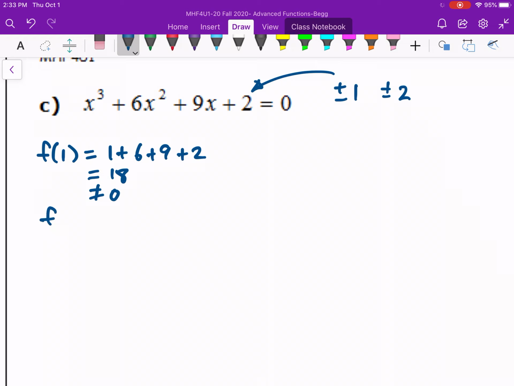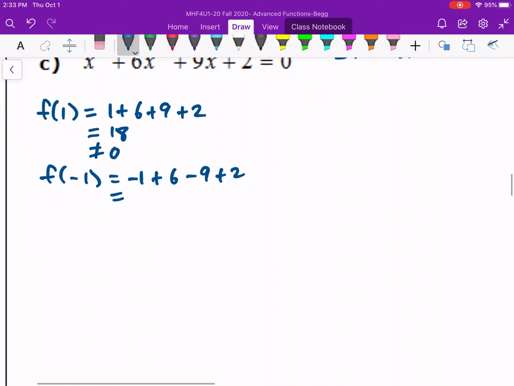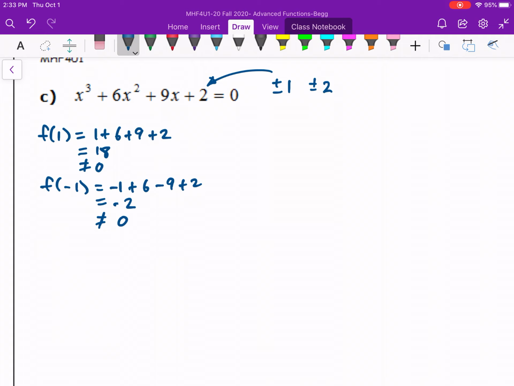If I try negative 1, then I get negative 1 plus 6 minus 9 plus 2. Then I've got myself negative 2, I think. Whatever it is, it's not 0, not a factor. So I just keep doing this. I don't have to write them all down, but I keep going until I find something that works. Let's try positive 2. 8 plus 24 plus 18 plus 2.